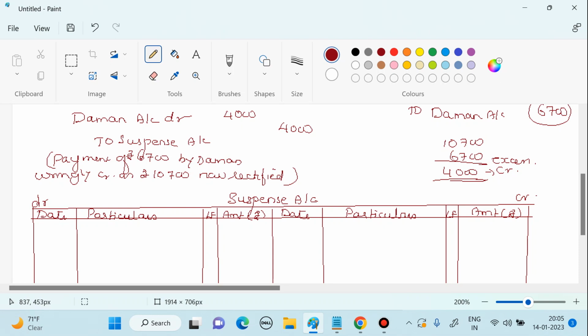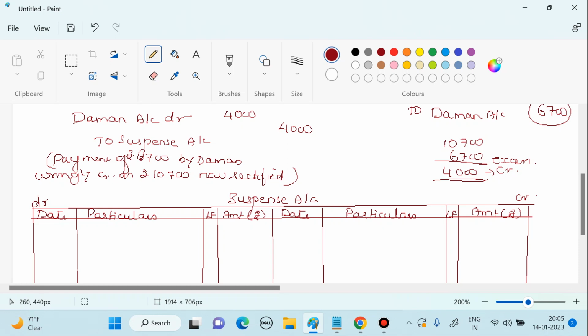Now you will have to go through all the entries that you have passed so far and see what are the transactions where suspense account is involved. Before that, you read the question, the second sentence: the trial balance did not match and 14,930 being excess credit. Credit excess means on the debit side we would have written suspense account balance.